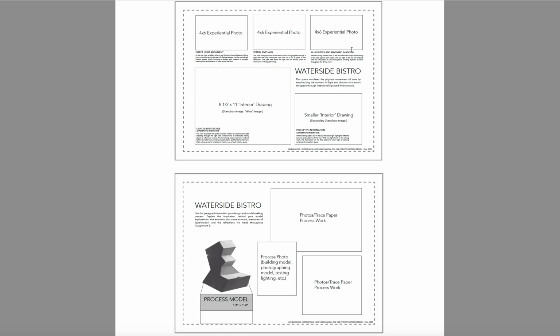And then you will also do another drawing, which is the secondary standout image, and it helps elaborate on the first. That will take up the remaining space on your board, which will be unique to every student, as the design concept and title may impact how much space is left.